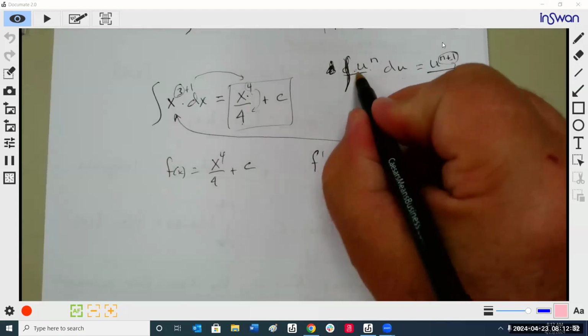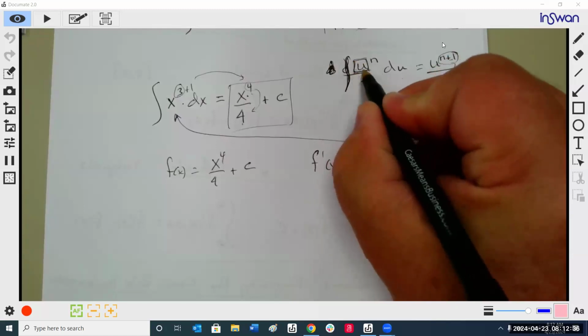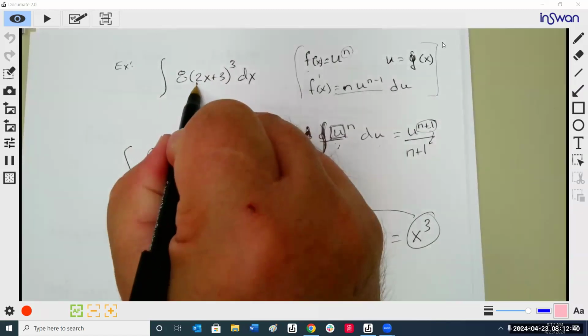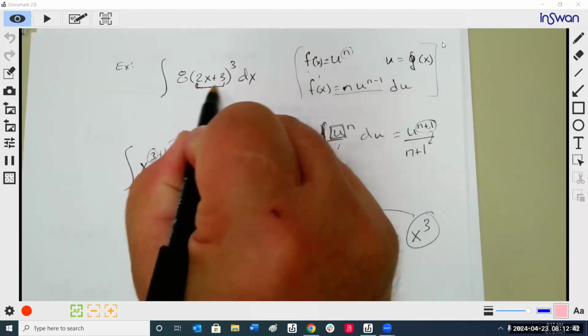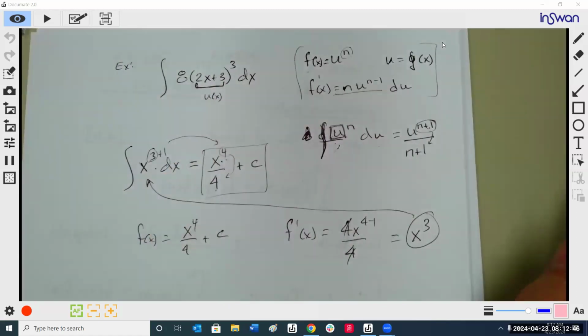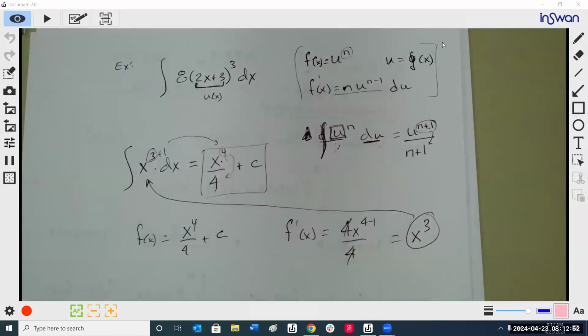Now, what we have to look for is when the equation is u. So that is our u. It's actually u of x. What is our du?